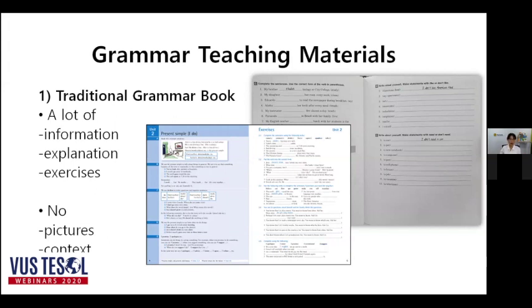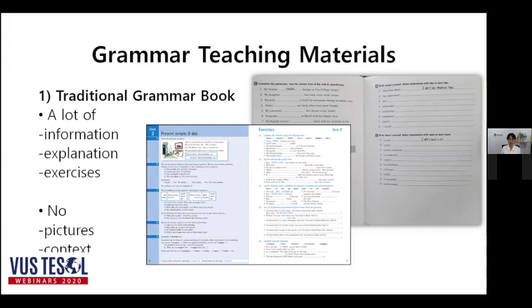So let's look at some traditional grammar books. You can see the pictures here, right? Traditional books look like this. They have a lot of information and maybe a lot of explanation and a lot of exercises, but usually not many pictures. You can see only one picture here. And context, sometimes they provide context, sometimes they don't.